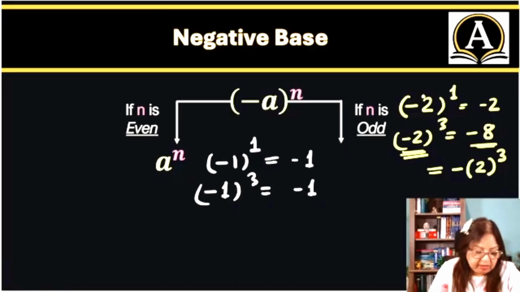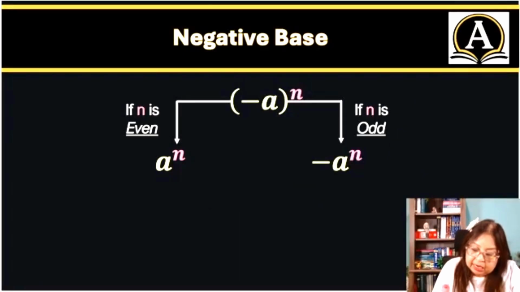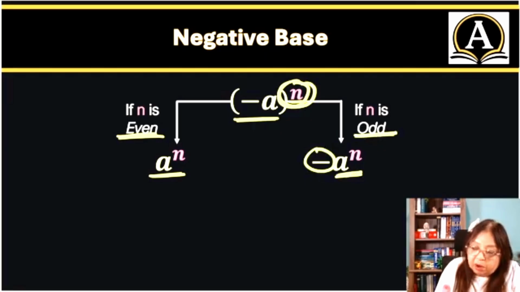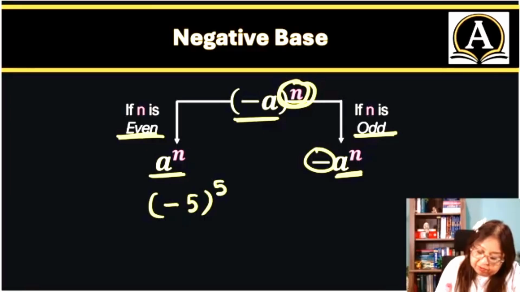And that's all we're saying here: if you have minus a to the power n, if n is an even number, then you get a to the power n. And if n is an odd number, then this minus comes out and you get minus a to the power n. That is, if you have minus 5 to the power 5, this is equal to minus times 5 to the power 5.